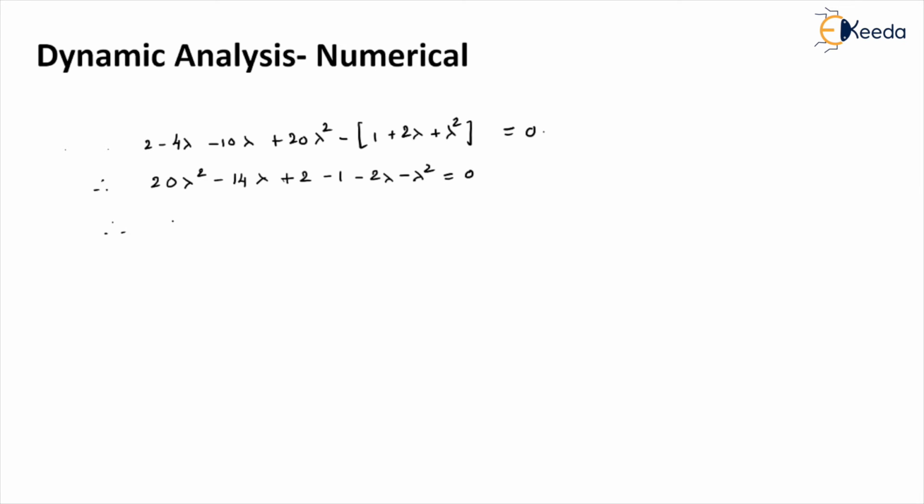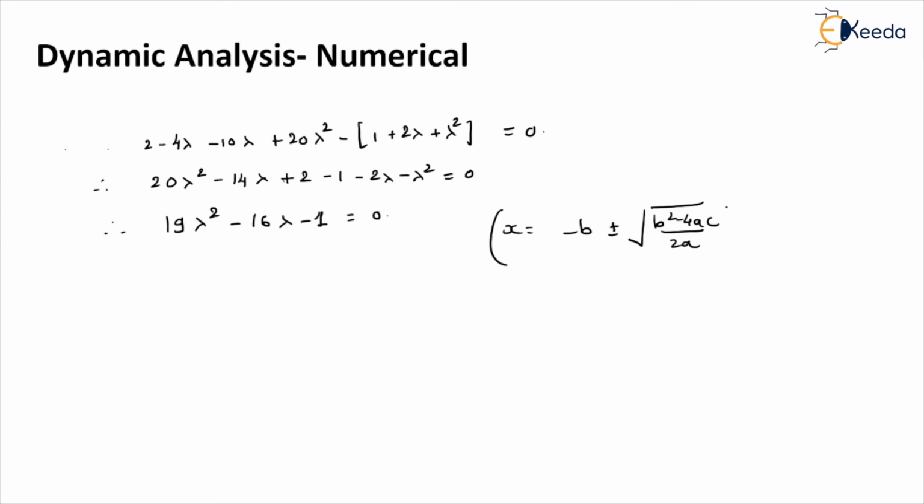So this equation will be 20 minus 1, 19 lambda square minus 16 lambda plus 1 is equal to 0. If we solve this equation, we have a method: x is equal to minus b plus or minus square root of b square minus 4ac divided by 2a.